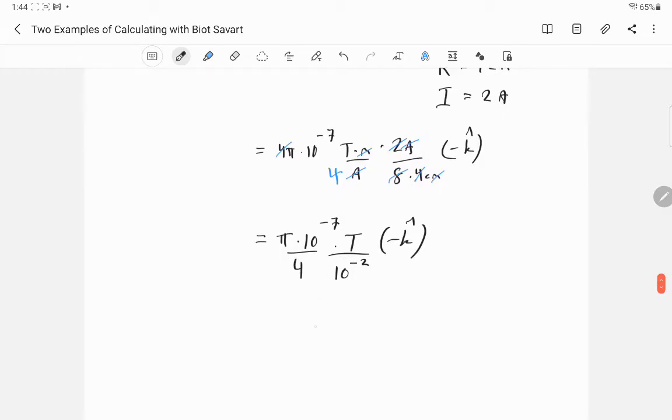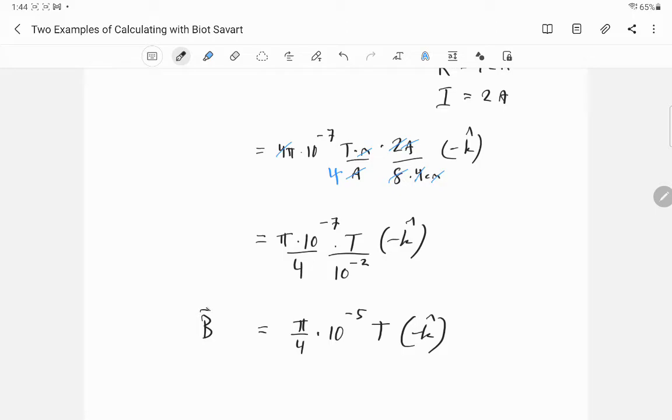So 10 to the minus 2 on the bottom is 10 to the positive 2. 10 to the positive 2 times 10 to the minus 7 is 10 to the minus 5. So this is pi over 4 times 10 to the minus 5 Tesla negative k hat.